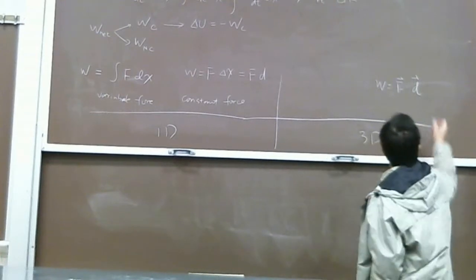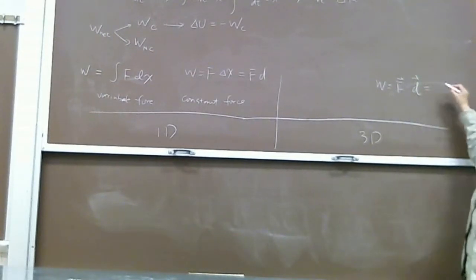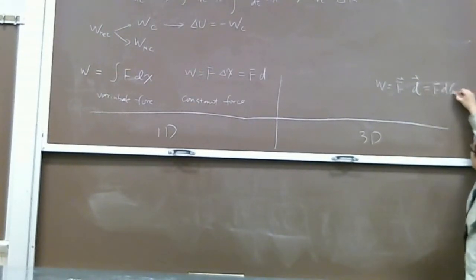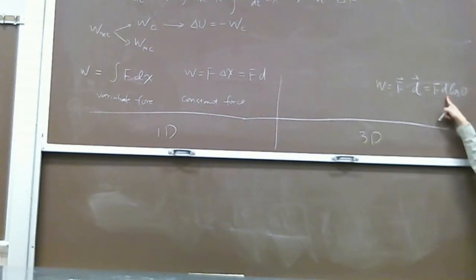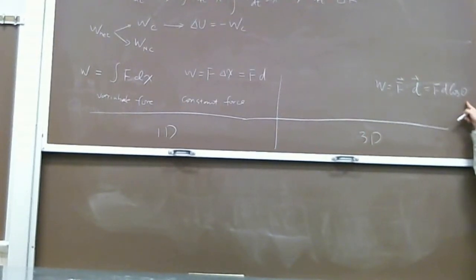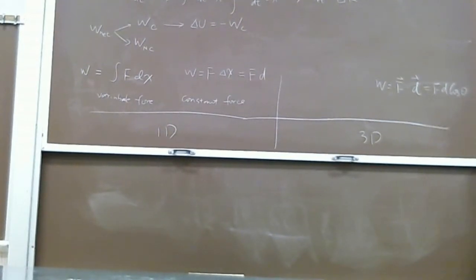By definition, this can be written as F multiplied by d multiplied by cosine theta. This is the magnitude of the force, this is the magnitude of the displacement, and theta is the angle between the force and the displacement.